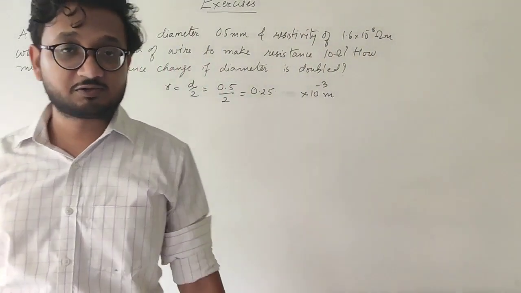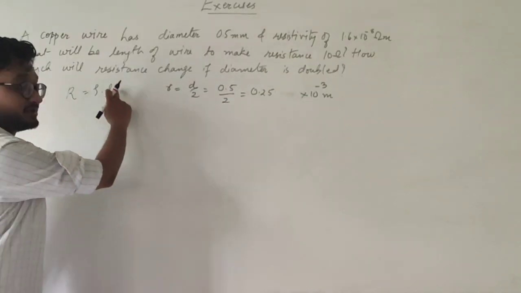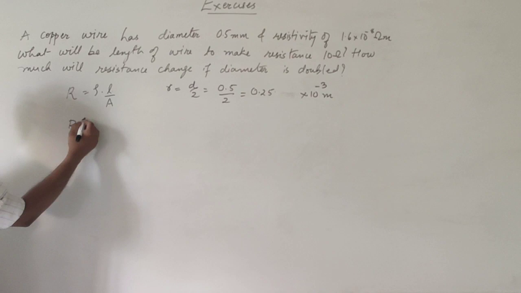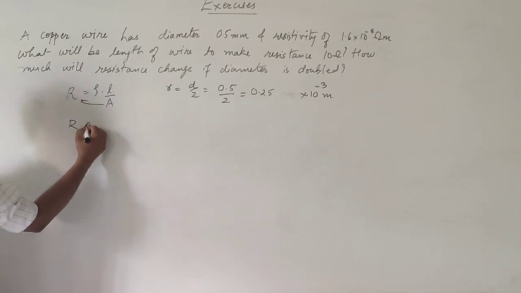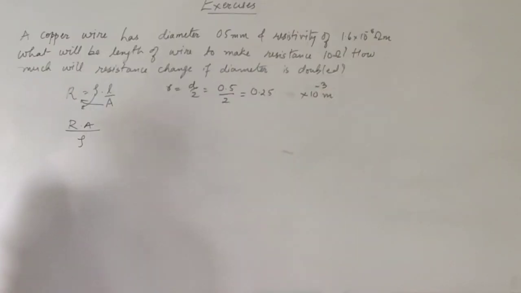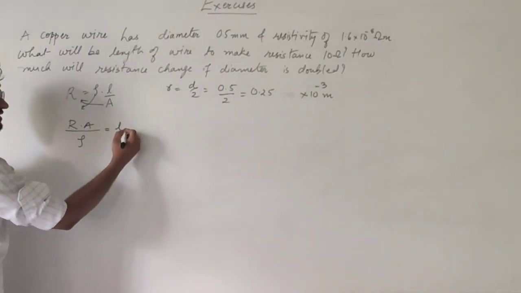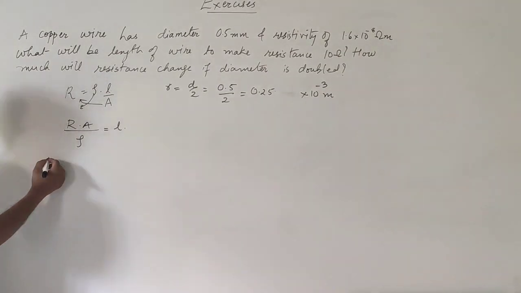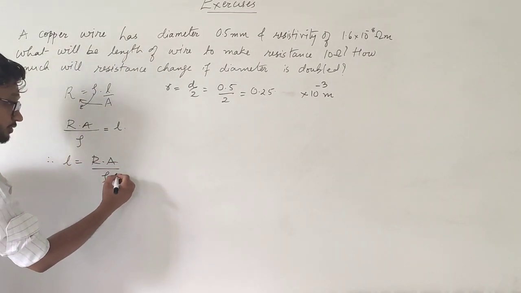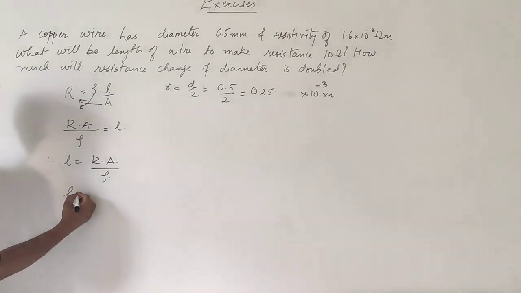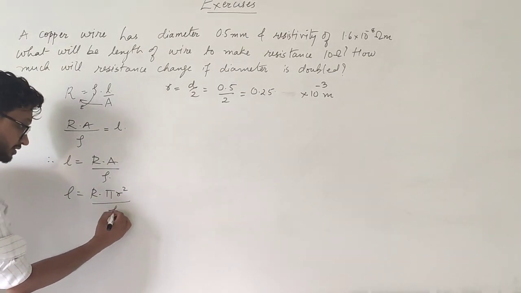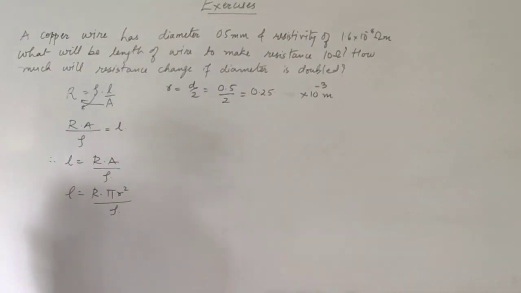Simply substitute the values. First of all, you need to find the value of length over here, so I am cross multiplying this, so resistance into this area, and rho or the resistivity will come in the denominator, and what you have been left with here is the length. So I can write over here that length of the wire is resistance into area upon rho, which can also be written as length L is equal to R into pi r square upon rho, that is resistivity.